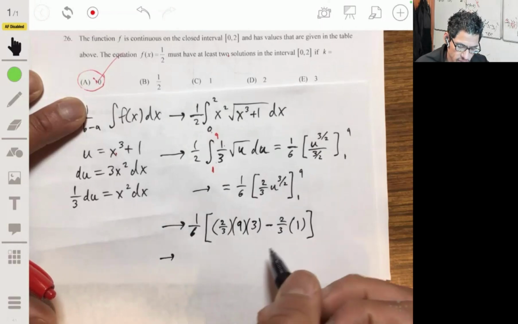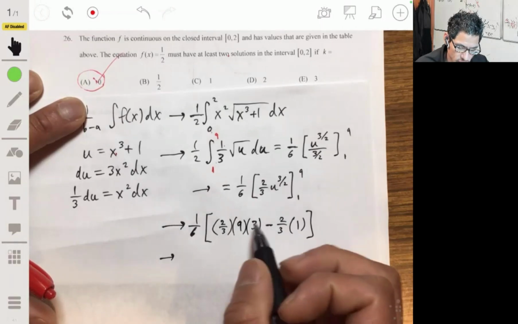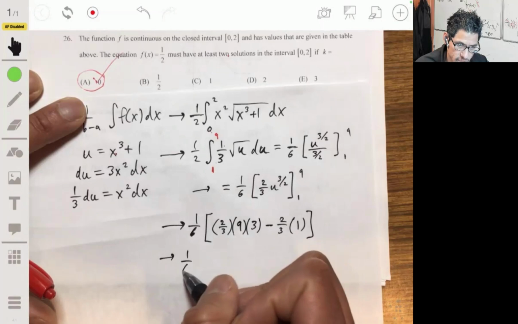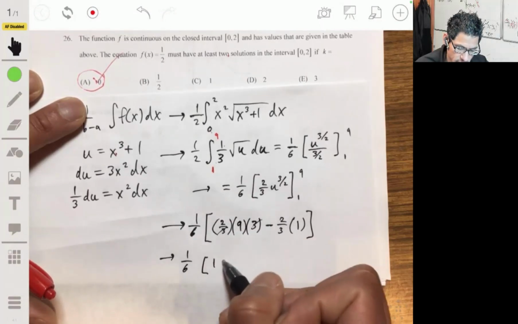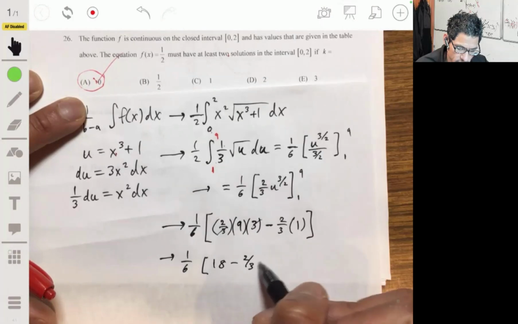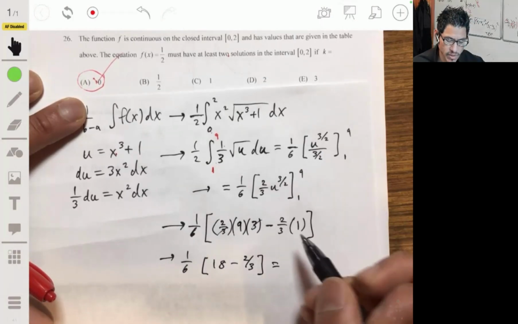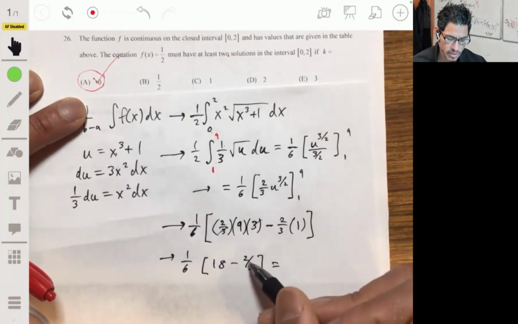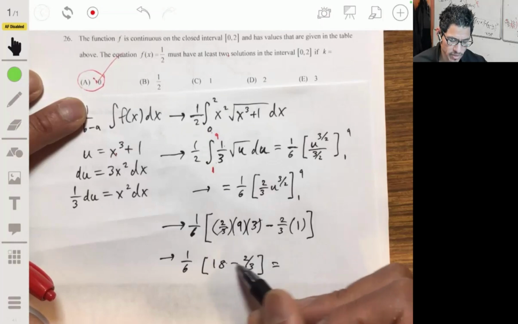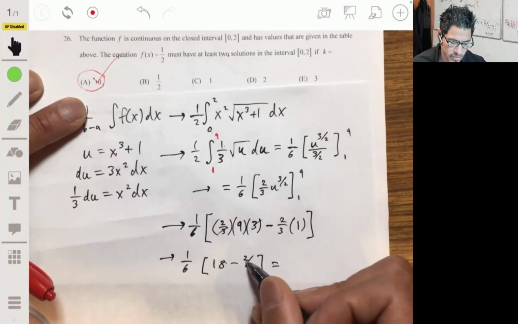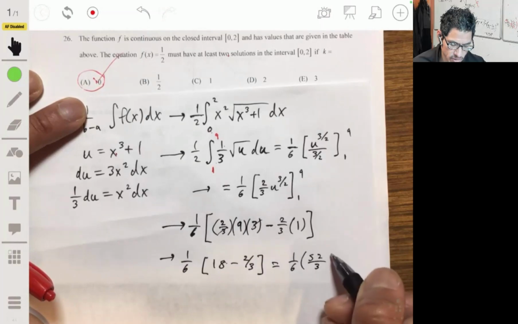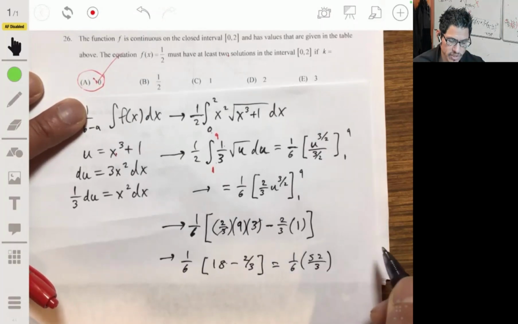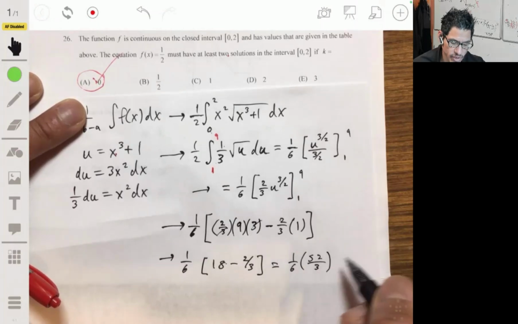And so then we get 1/6 times 18 minus 2/3. 18 thirds, or 18 times 3 is 54. 54 thirds minus 2/3, you get 1/6 times 52 thirds, which is just 52 over 18.